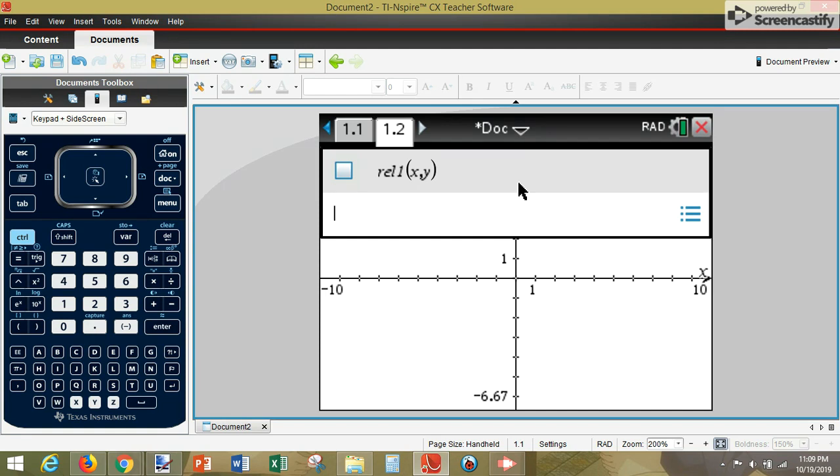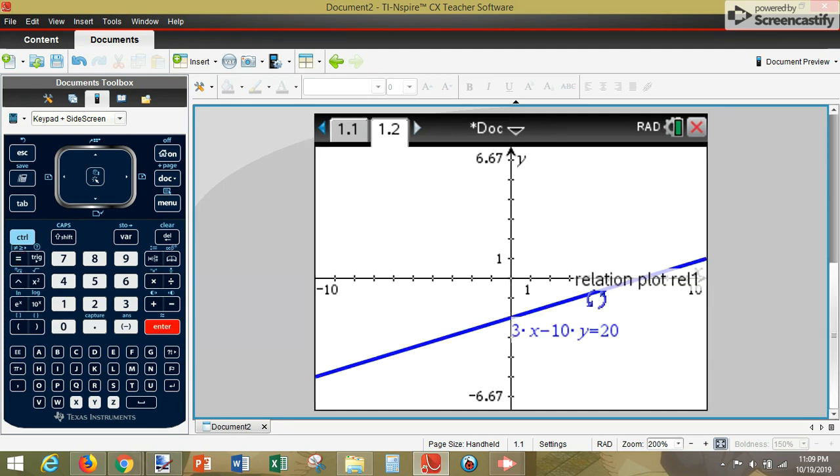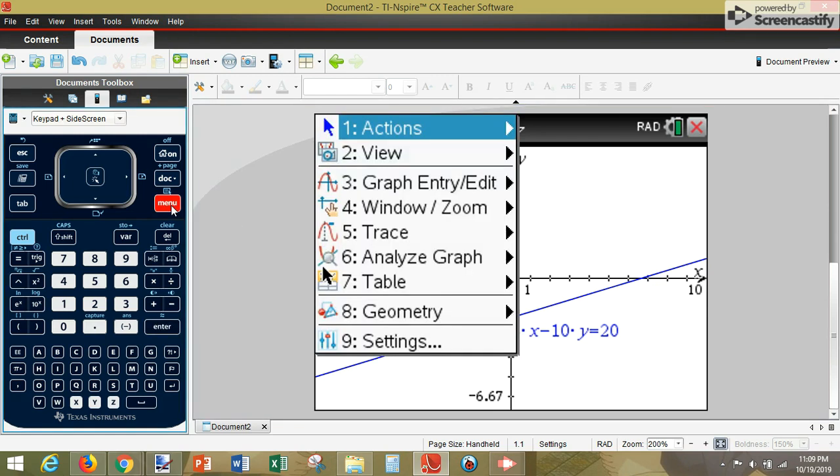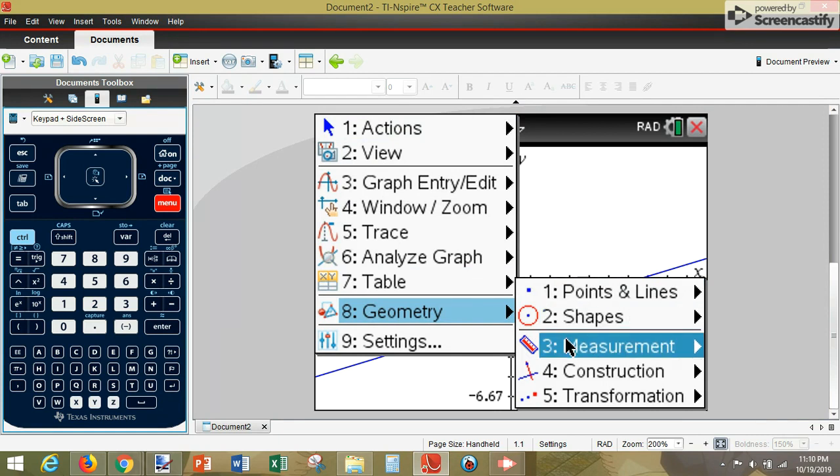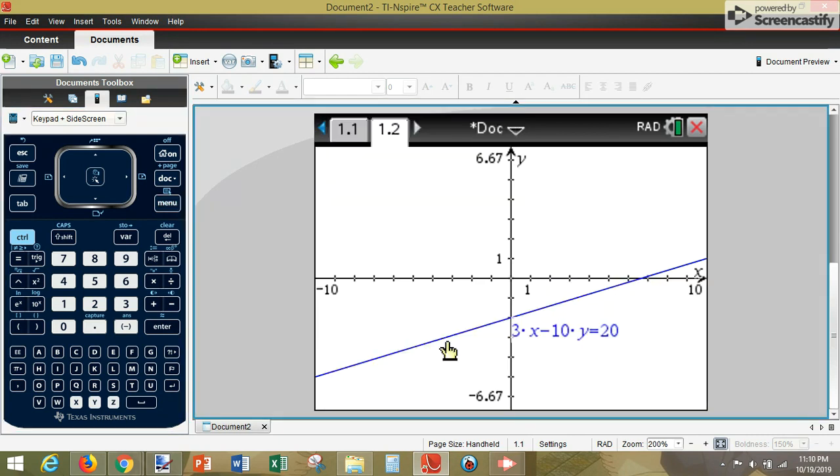So let's type that in. 3x minus 10y equals 20. And then press enter.